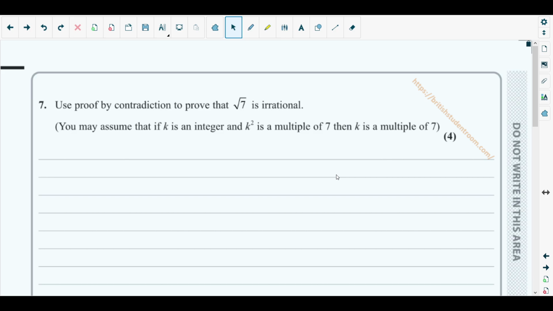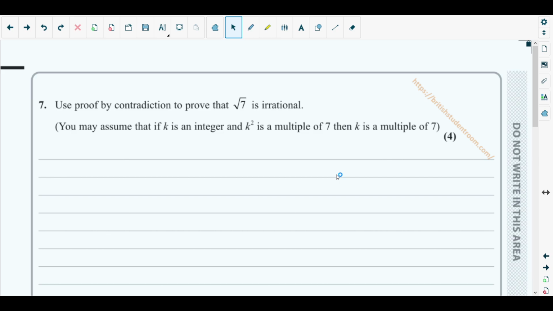In order to solve this question, you should have definitely gone through the concepts of chapter number 1 of your P4 book. So let's get started with question number 7, proof by contradiction.